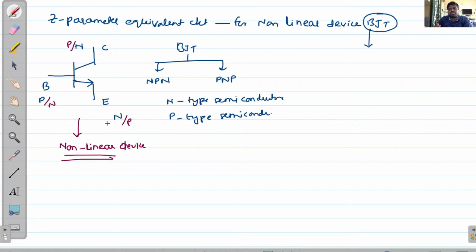If the circuit provides linear characteristics, then only we can implement that configuration. Otherwise we cannot. So in that context we need to convert this device into linear fashion. I have already discussed this in the beginning itself. The converted circuit will have only resistances as well as dependent sources. So for this device, the equivalent circuit is like this.